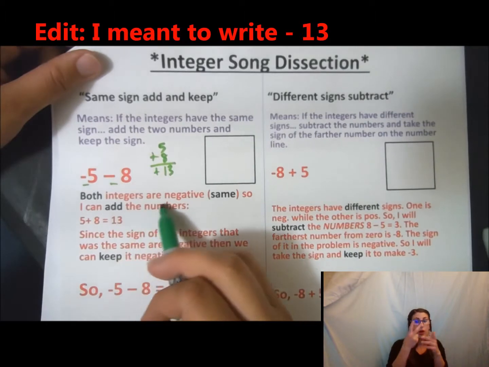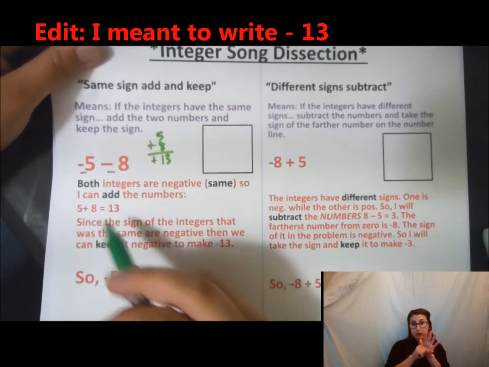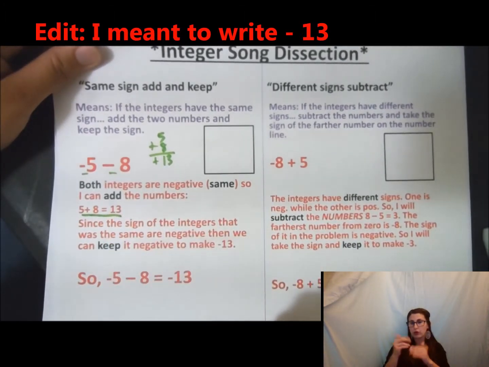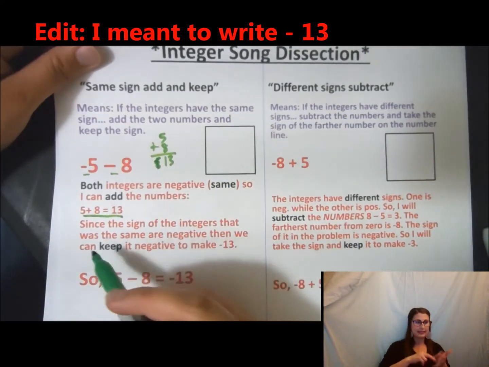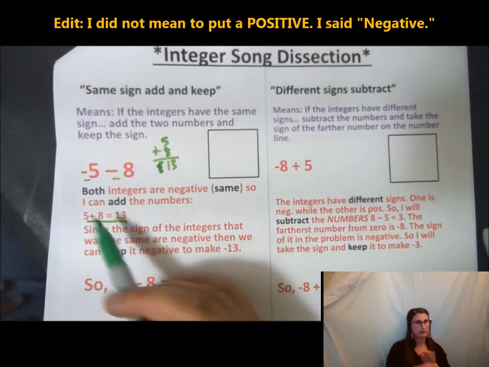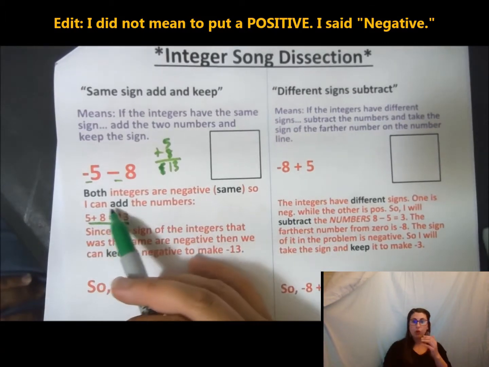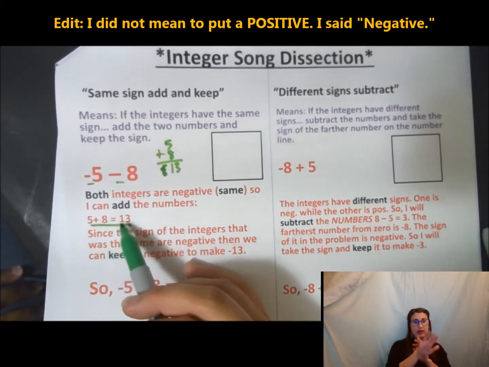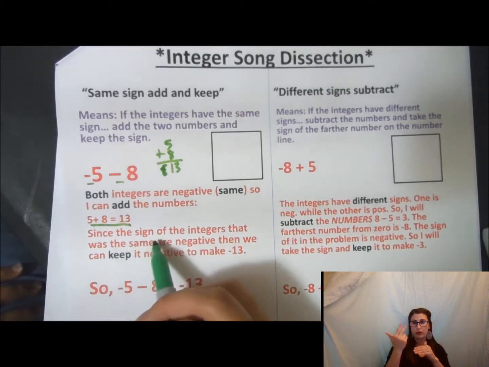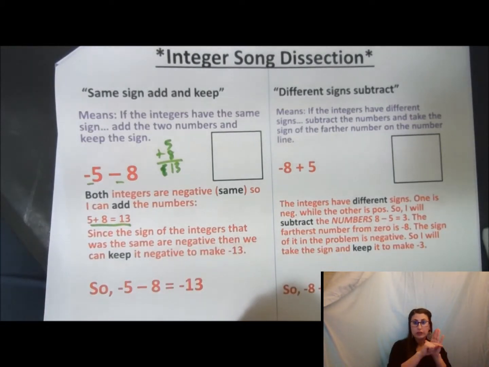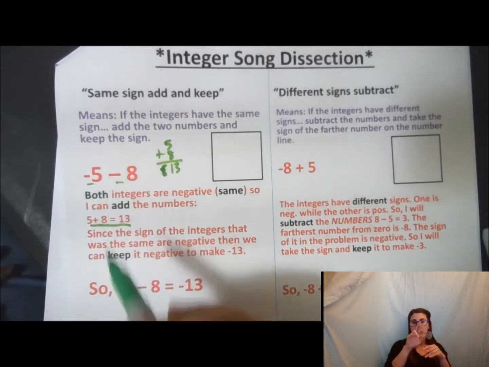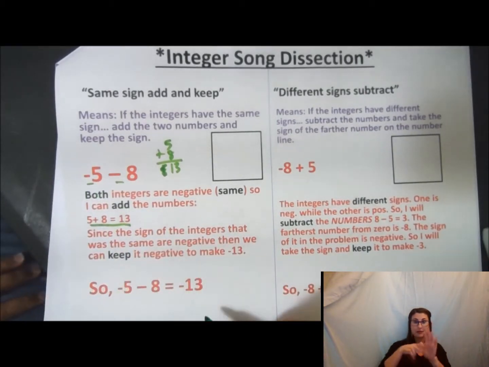Both integers are negative, so you add the numbers. 5 plus 8 equals 13. Since the sign of the integers was the same, negative, we can keep it negative.